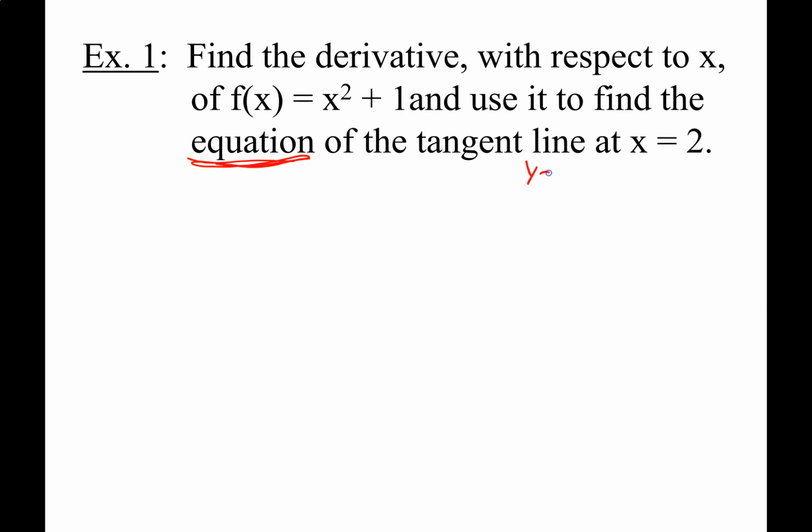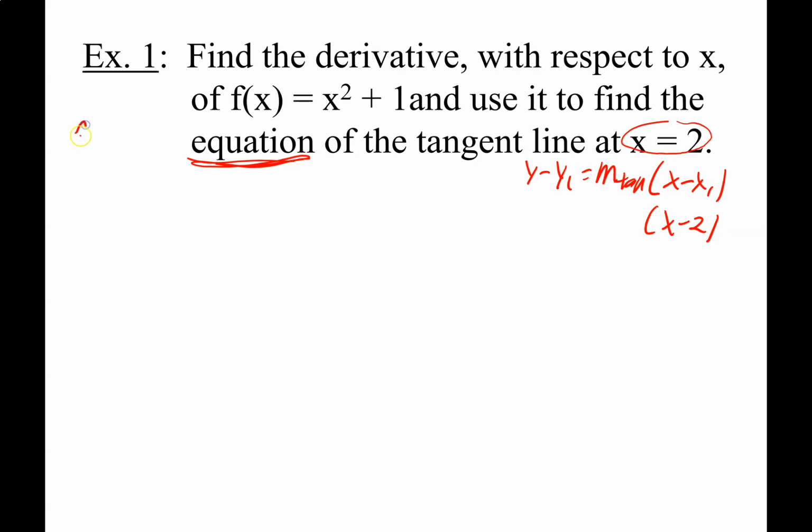So if you recall, the equation of a line in point slope form is y minus y1 equals m, only in this case I want the m to be the slope of the tangent line, and then x minus x1. The only thing I have is that x coordinate right now, so probably the easiest thing to do is just to find your y coordinate.